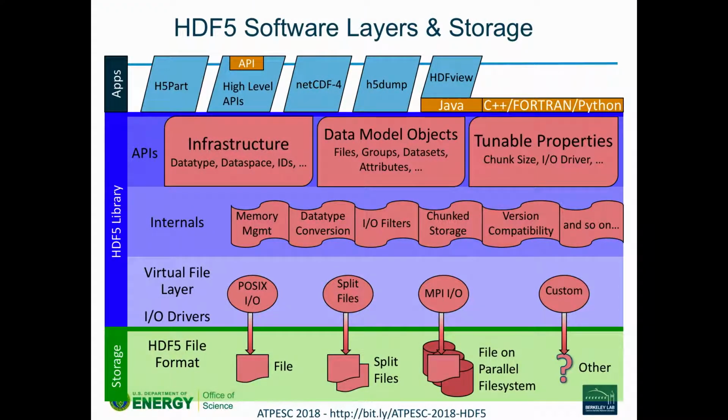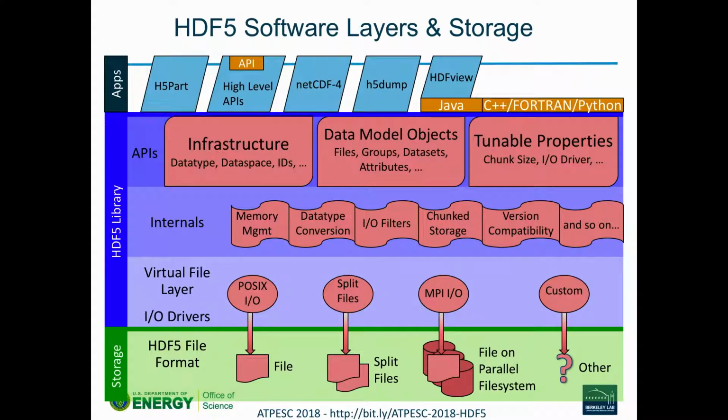So we all like layer cakes in software, right? This is sort of what the one for HDF5 looks like. There's some kind of twisting, turbulent behavior internally, but it's very close to this. Generally speaking, you're dealing with the API level, of course, and principally with these major data model objects that I talked to you about at the very beginning.